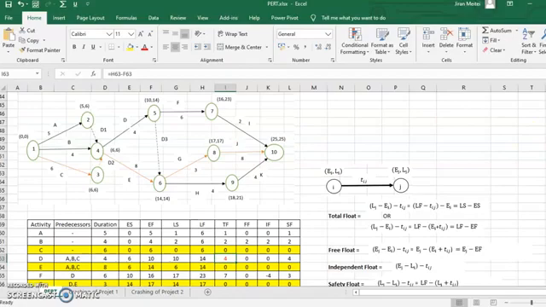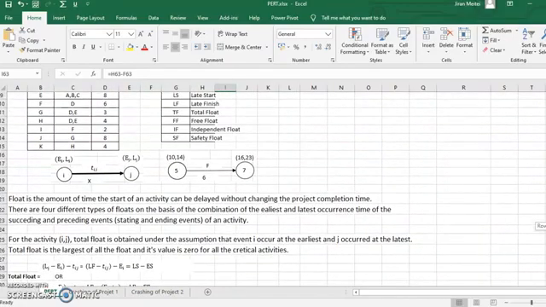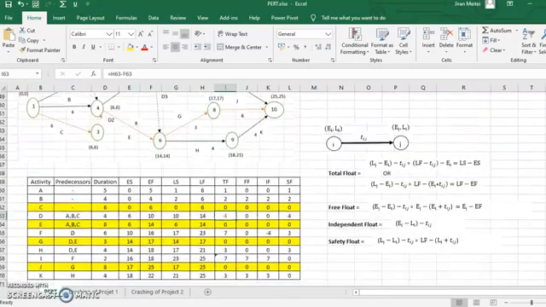Hope you understand the advantage of knowing the float of the various activities of the project network. Of all the 4 floats, total float is the one most frequently used and the most important of the 4.